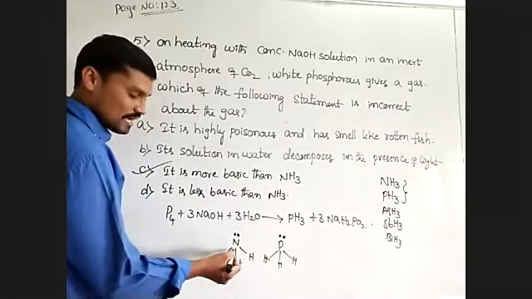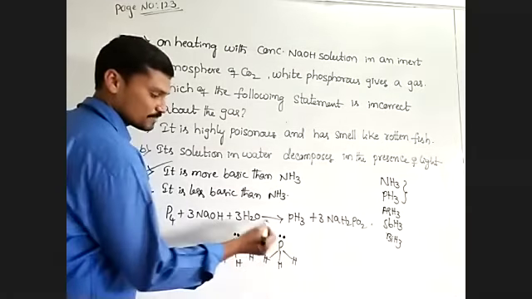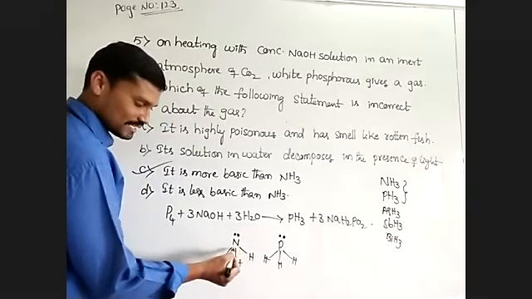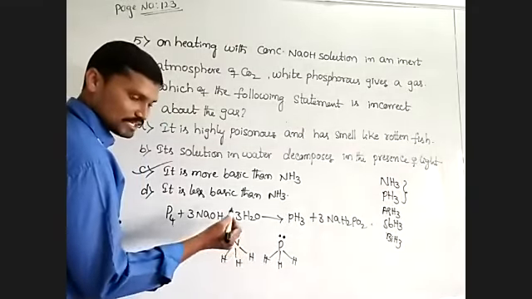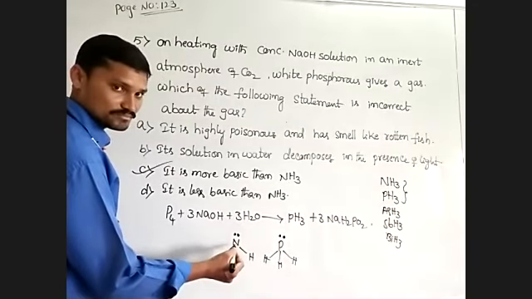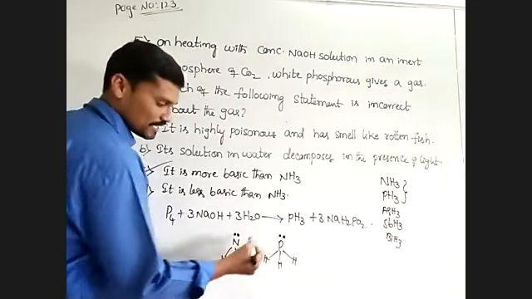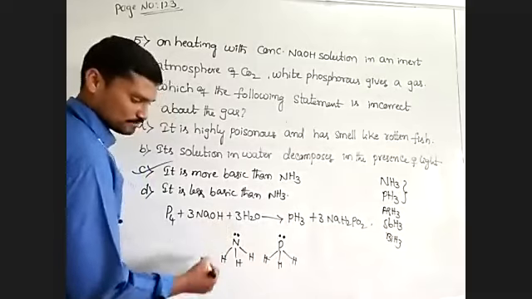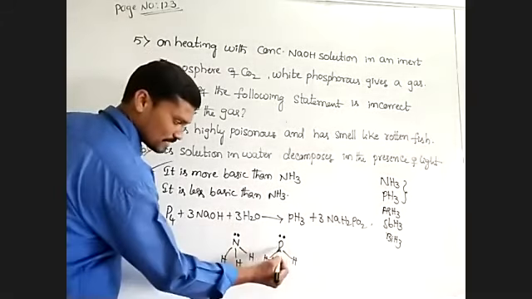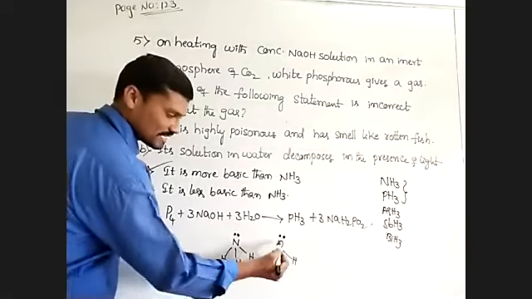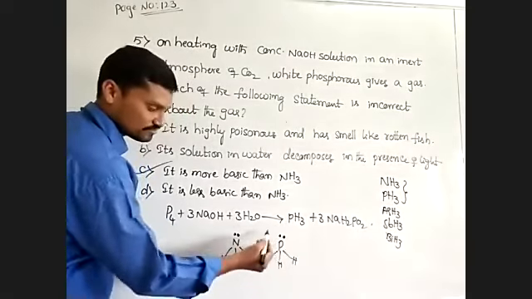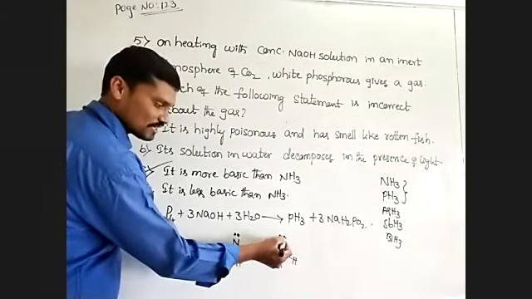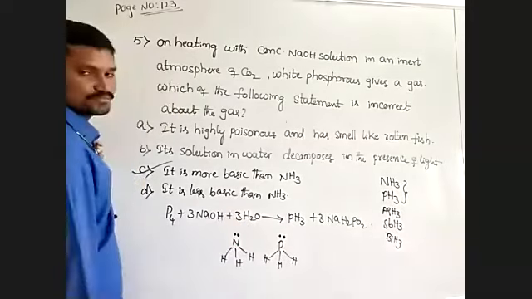So nitrogen has a higher electron density compared to phosphine, and the availability of electrons for donation is more here. In phosphine, phosphorus has a large size compared to nitrogen. As size increases, area and volume increase, so the electron density is lesser compared to that of ammonia.